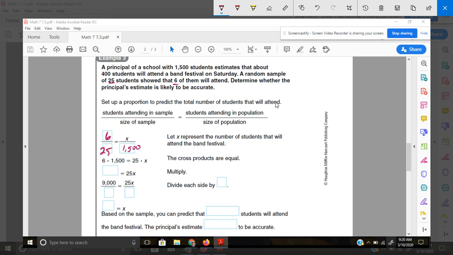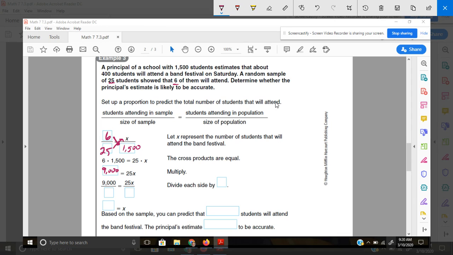Okay. So let X represent the number of students that will attend the band festival. That's what we're trying to estimate or guess, if you will. So we're just going to use a little bit of cross multiplication here. 6 times 1,500 equals 25 times X. When we take 6 times 1,500, we'll come up with 9,000 equals 25X.